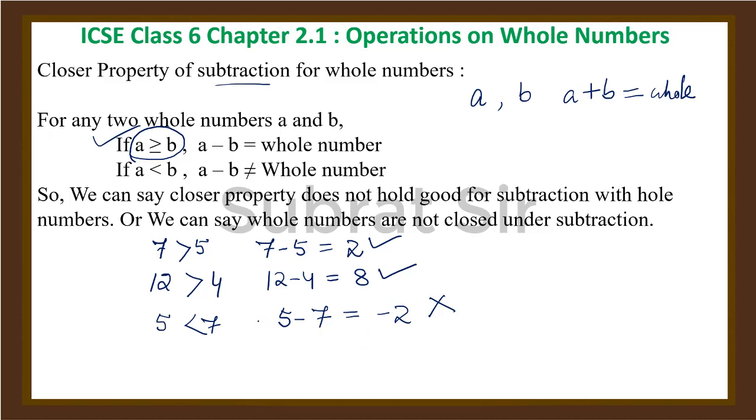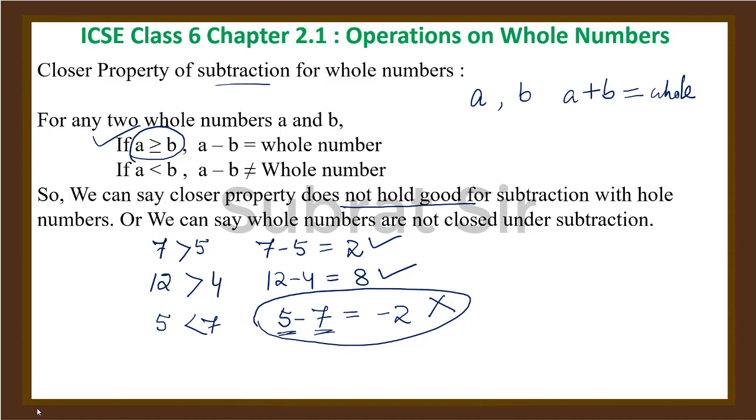So, if we try to subtract two whole numbers where the first number is less than the second number, then we will not get a whole number. That's why we can say the closure property does not hold good for subtraction with whole numbers, or we can say whole numbers are not closed under subtraction.